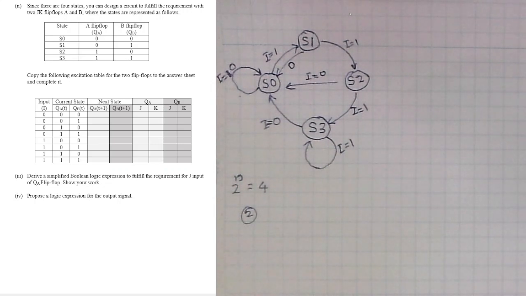So these two flip-flops we can assign in various ways, but to simplify our calculation or our circuit design, they have given us the state definitions, right? For each state, there is a QA and QB, or A and B flip-flops, supposed to be like this.